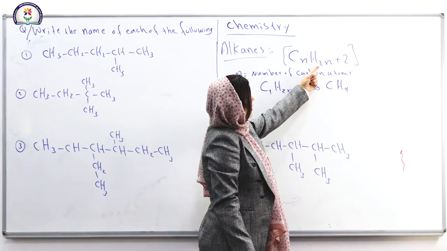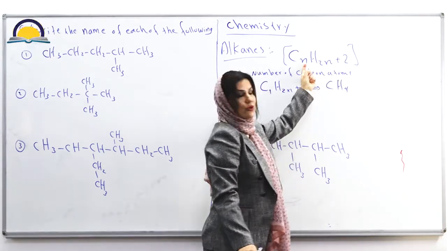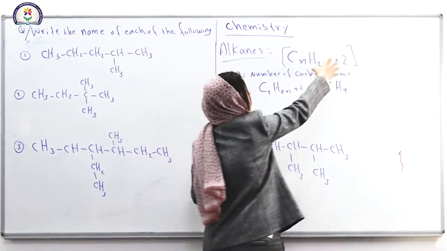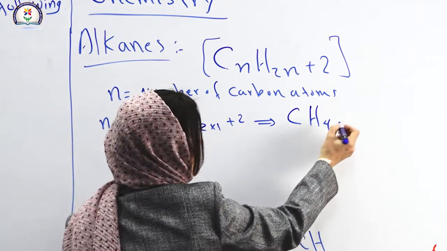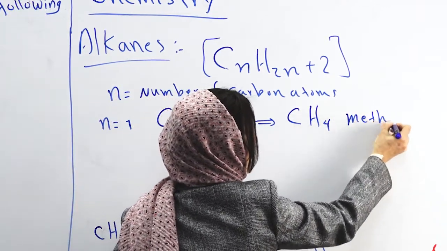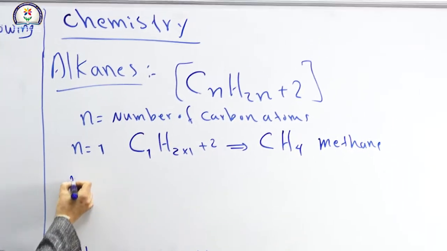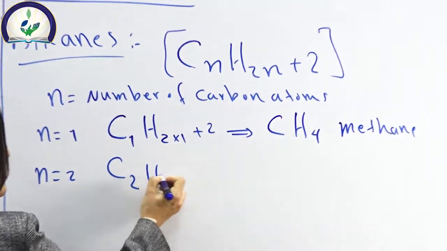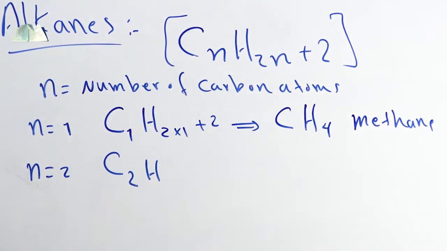Look at the number of hydrogen here, 2n plus 2. If you know the number of carbon atoms, you will know the number of hydrogen atoms. This compound is called methane. If n equals 2, substitute: C2H, 2 times 2 is 4, plus 2 equals 6.